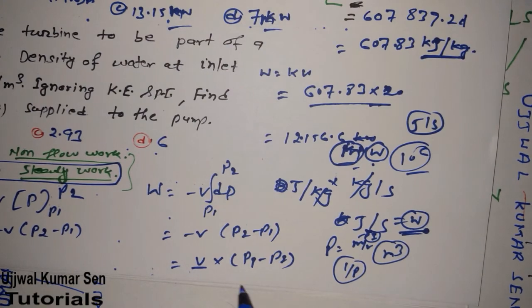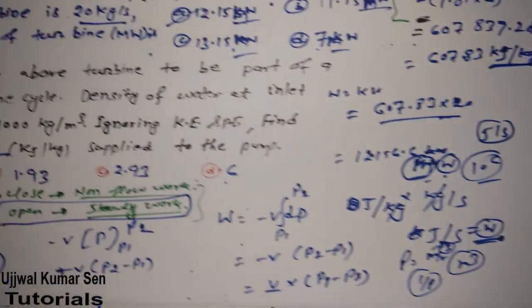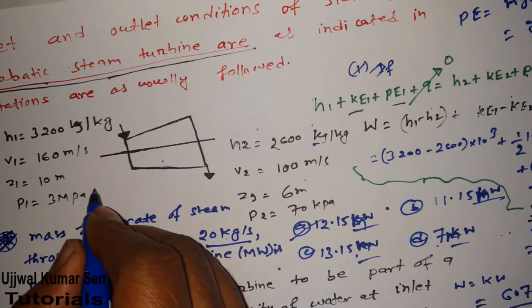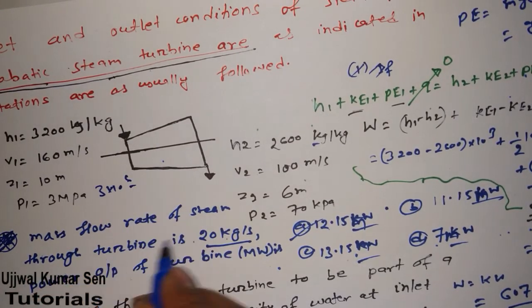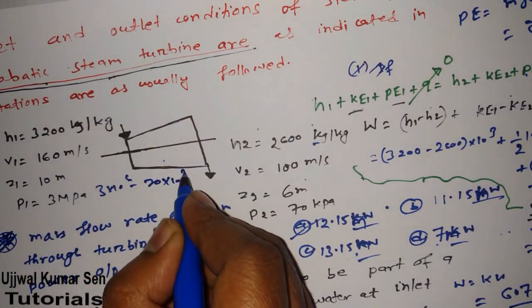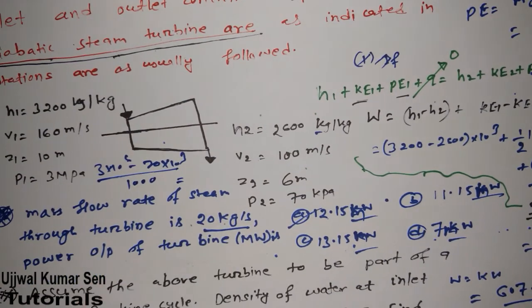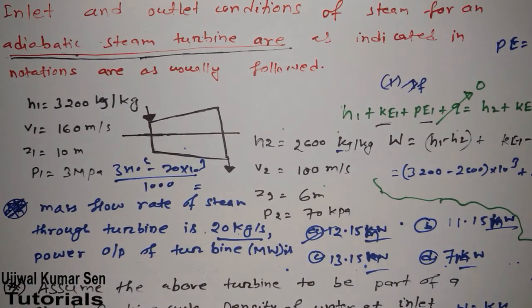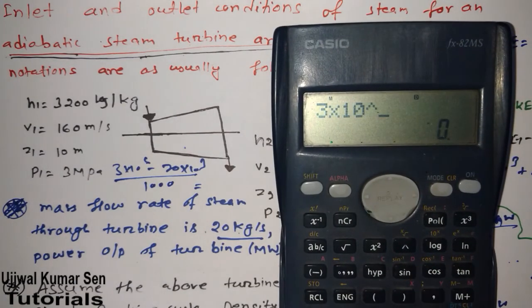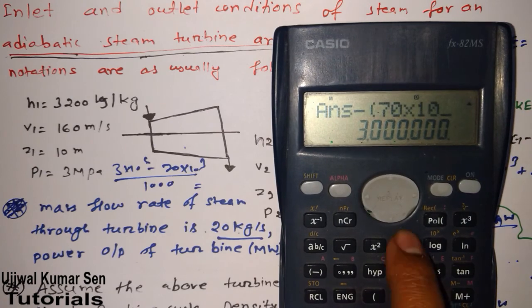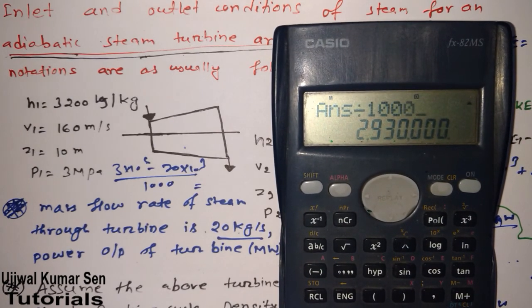Now what we have to find out is P1 minus P2, the values of P1 and P2 were given. So P1 is 3 times 10 to the power 6, minus 70 times 10 to the power 3, divided by the density, which is 1000. After division, that is the answer.